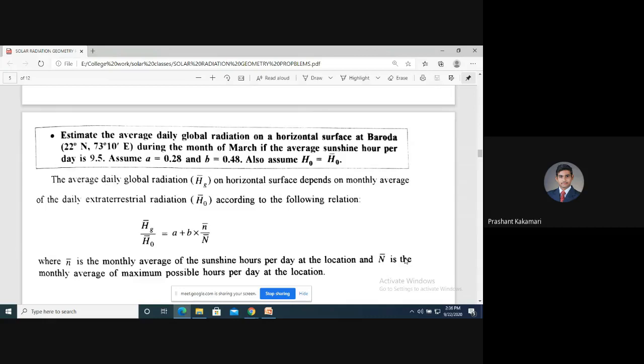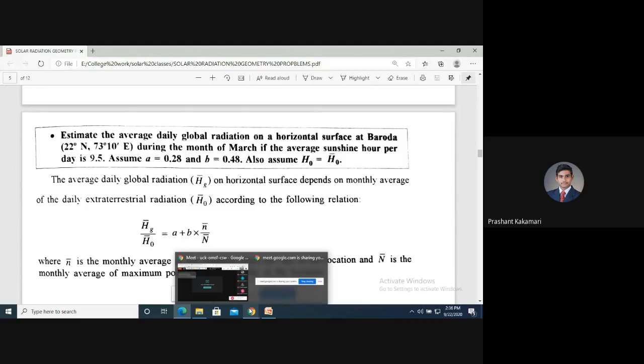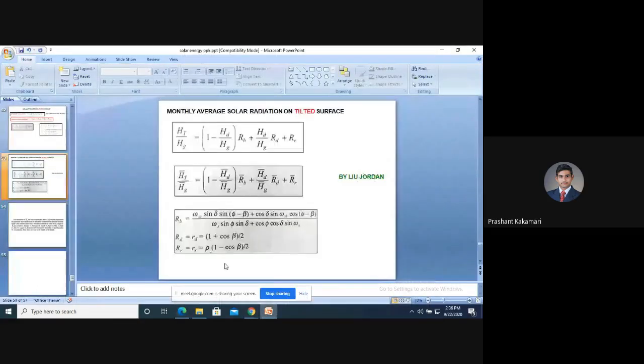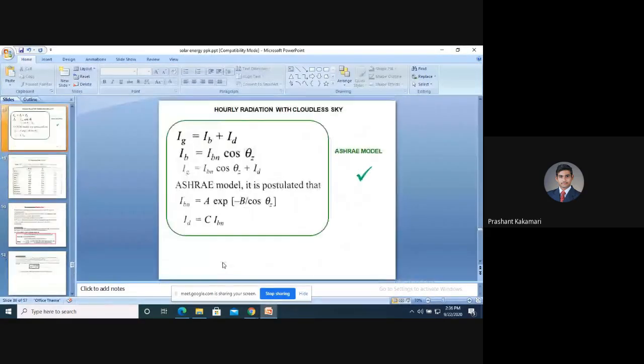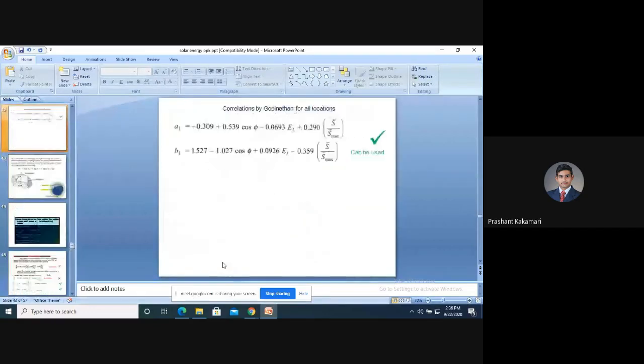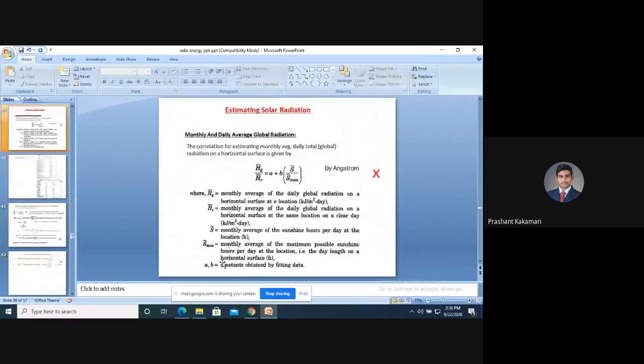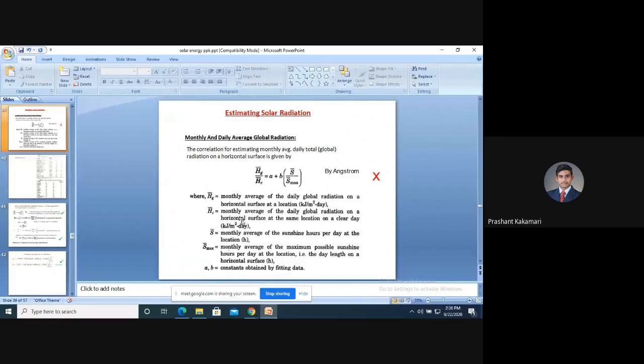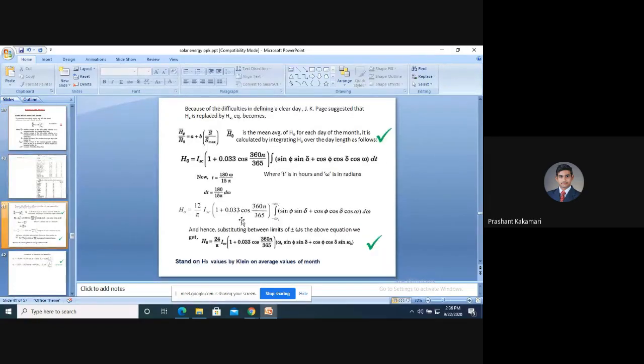Hg bar is what they are asking us to estimate. Keeping all these terms in mind, I think you can recall our global daily average for a given month. That equation we can recall here. This was the equation we discussed in the class earlier, with H naught bar considered. If H naught is considered, this is the equation.